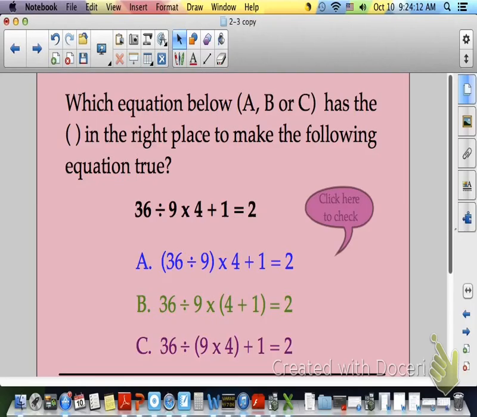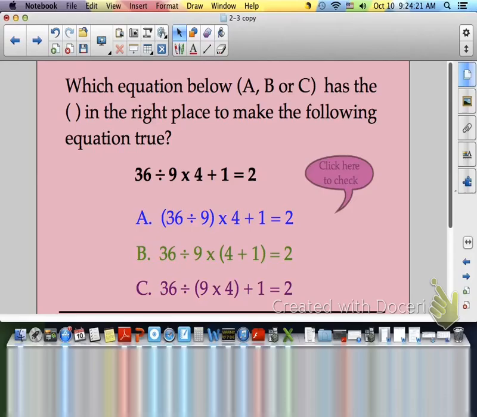Okay. Now the next question is, which equation below, A, B, or C, has the parentheses in the right place to make the following equation true? So we have 36, the expression is 36 divided by 9 times 4 plus 1.